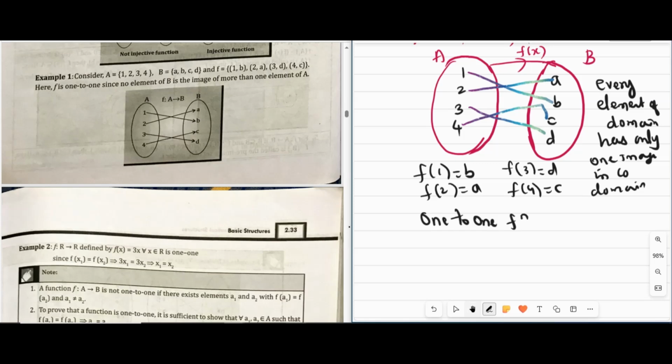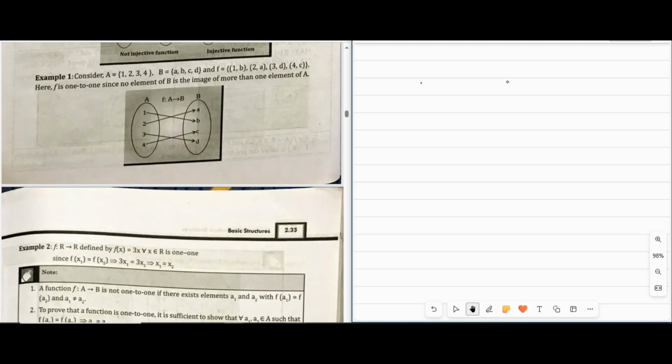Okay. The other type of question we may get, the second type: for example, f from R to R is given by the function f of x equals 3x plus 5, where all x belongs to R. Prove it is one-to-one or injective.